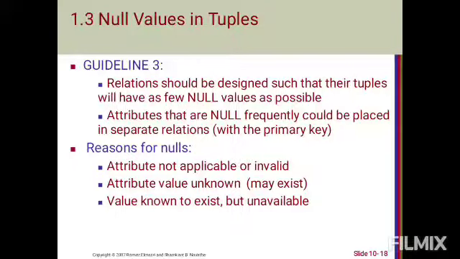In some cases, if nulls are unavoidable, make sure that they apply only in exceptional cases and do not apply to the majority of tuples in the relation. And also we check that our primary key is not null. These are guideline number 3.